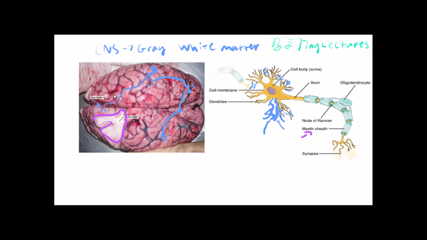So notice both in the gray matter and the white matter, the neurons have axons. All neurons have axons. However, in the gray matter, the neurons do not have that many myelin sheaths. So let's say there's only 2 myelin sheaths, hypothetically. In the white matter, you would have like 16 or 20 myelin sheaths.